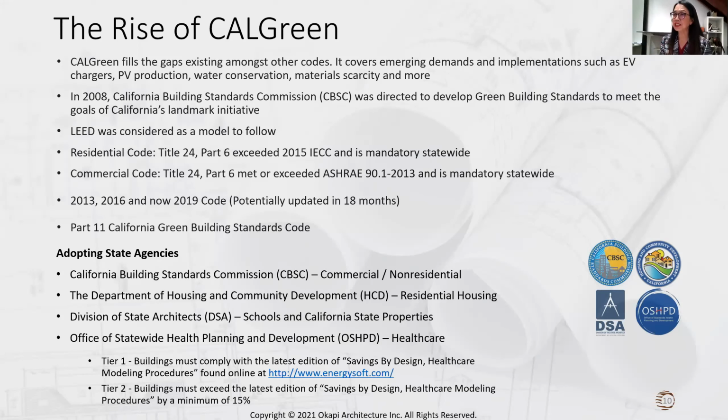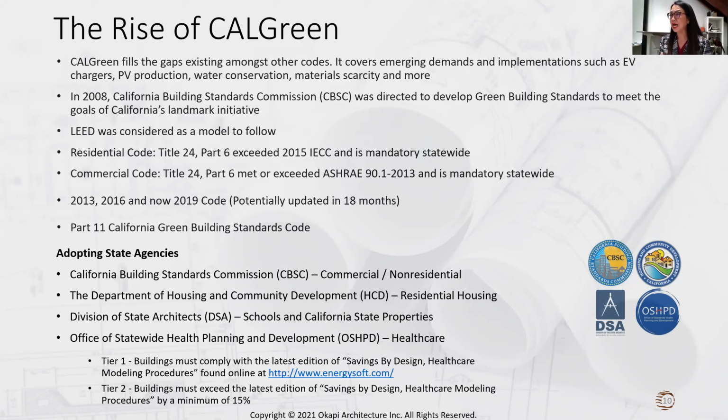Basic CALGreen is developed as Part 11 under the California code. There's a whole series of codes, and it also has the agreement of all the other agencies. For non-residential, the most basic one is the CBSC, which means all of your buildings under any jurisdiction are supposed to follow CALGreen.